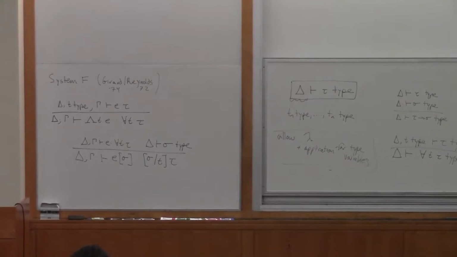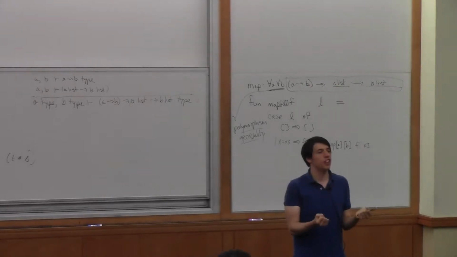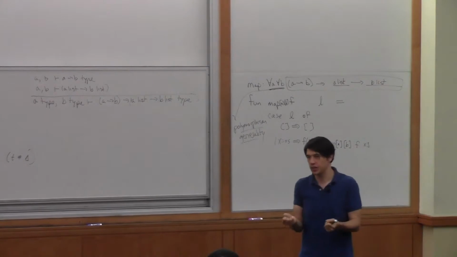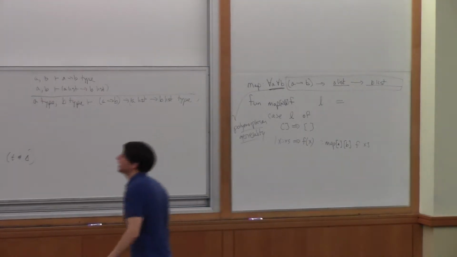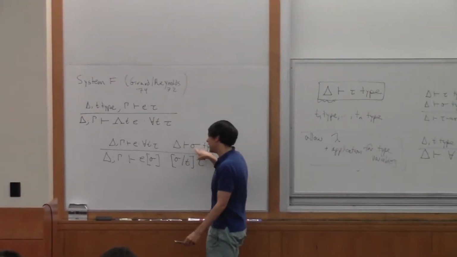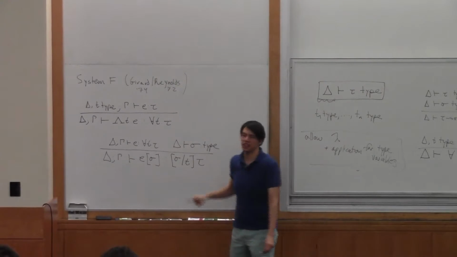OK, so let's think about that for a second. To make a function that abstracts over a type, you bind a type variable, just like functions that abstracted over values bound value variables. To apply such a polymorphic function, you pick a type that you would like it to work at, and you apply it to that type.